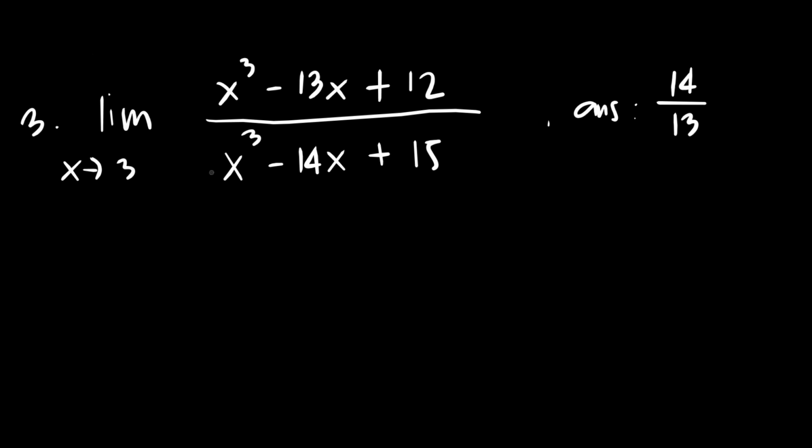If we substitute 3 in the denominator, we'll have 3 cubed, which is 27, minus 14 times 3, which is 42, plus 15. 27 minus 42 is negative 15, and negative 15 plus 15 is 0. So it is also in indeterminate form.